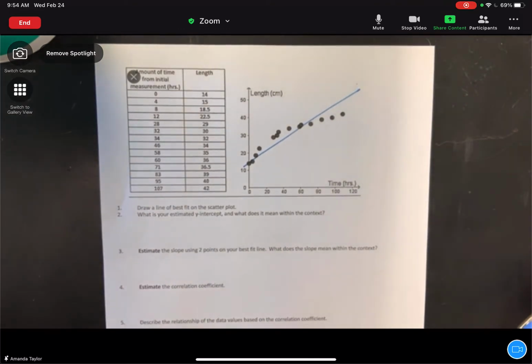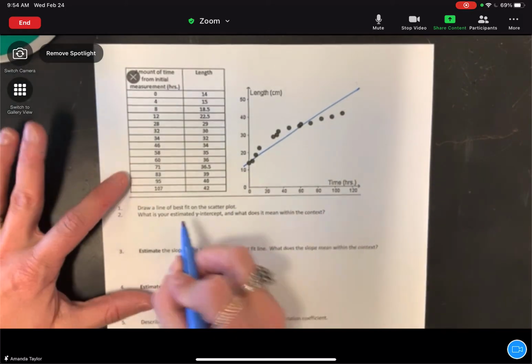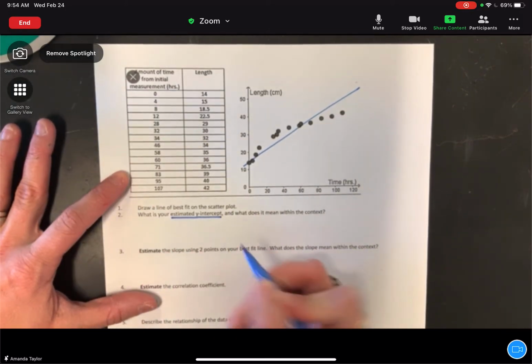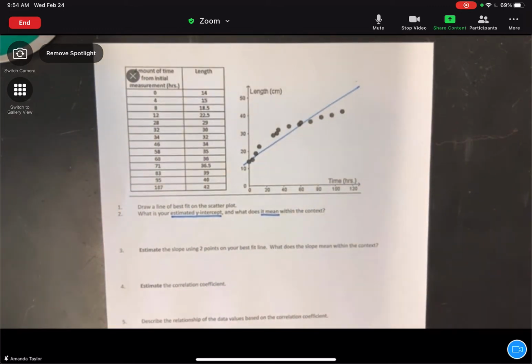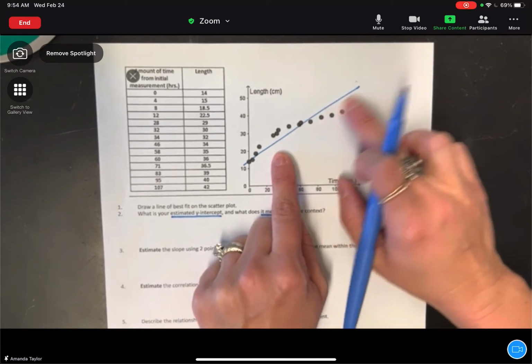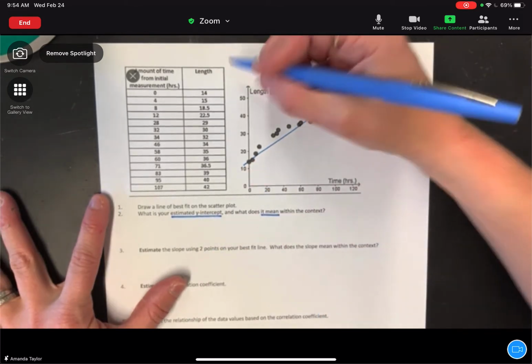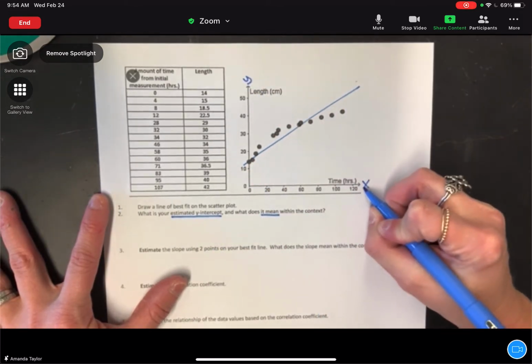I did number one. What is your estimated y-intercept, and then what does it mean within this context? All right, well, what's a y-intercept? Axis, yep. So wherever our trend line, our line of best fit, hits the y-axis, this is the y-axis, this is the x-axis.